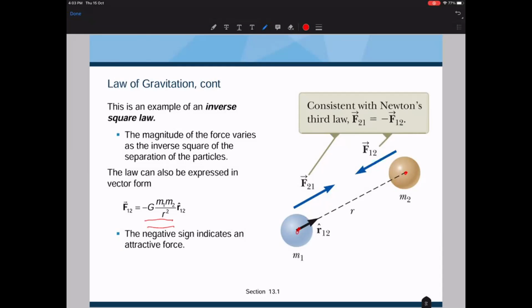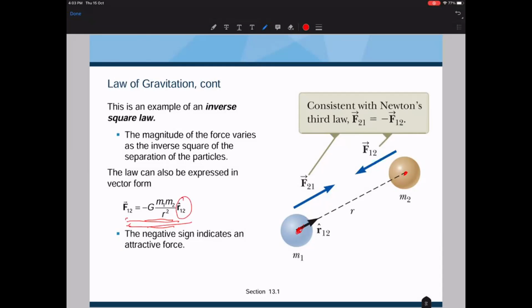The direction of force is that they would be pointing towards the center of mass, or pointing towards each other. The particles have the attractive force that points towards each other.